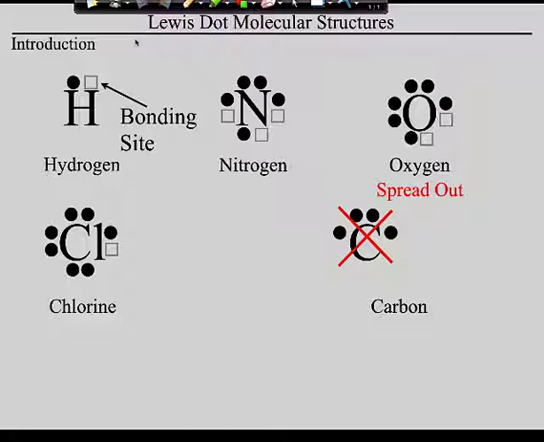So we are no longer going to put the S electrons together. We are going to spread them out as much as we can, and when we do, carbon now looks like this. Now guys, how many bonding sites does carbon now have? 4.